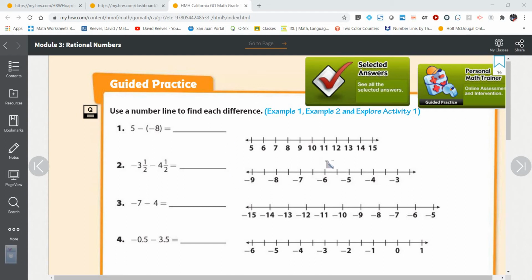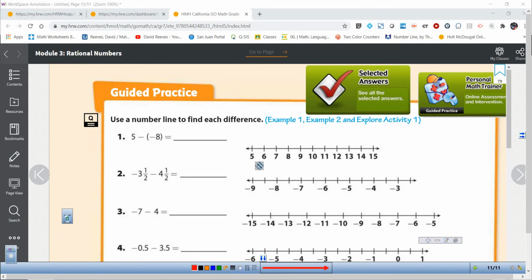All right, so as always, I just want to begin with a couple of reminders. Again, as we are moving on the number line, we can move to the left or we can move to the right. And when it comes to moving to the right, that's when we are subtracting a negative.